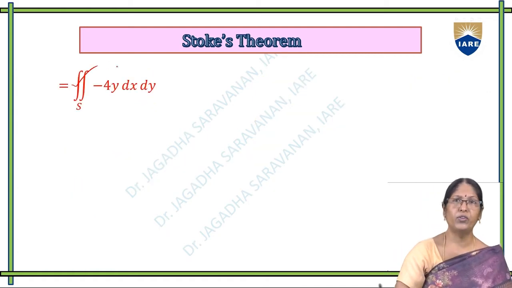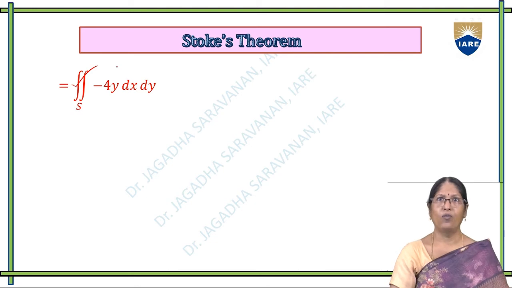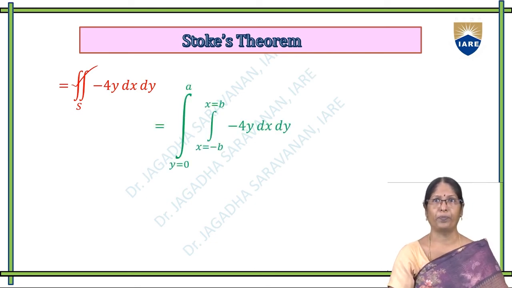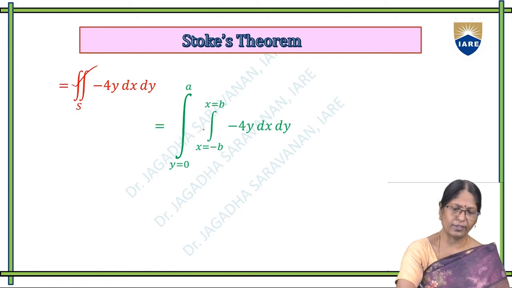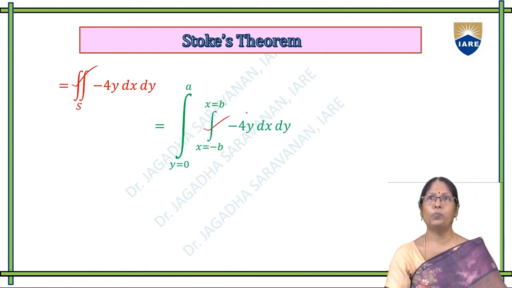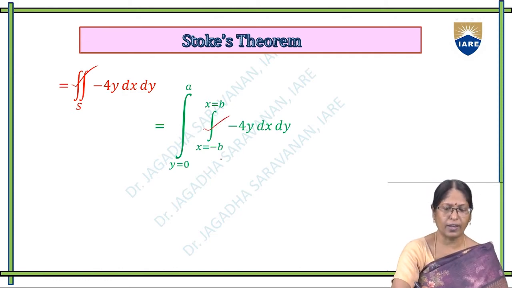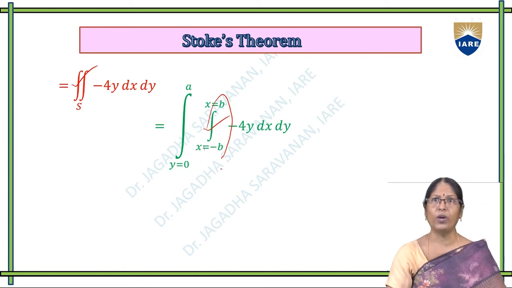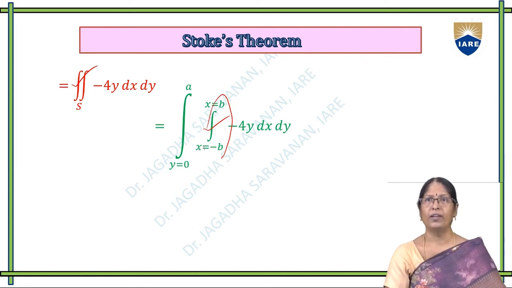So the double integral over S of minus 4y dx dy. Now our xy plane: x from minus b to b, this is the condition which is given in our problem, that is x equal to plus or minus b, y equal to 0 and y equal to a.